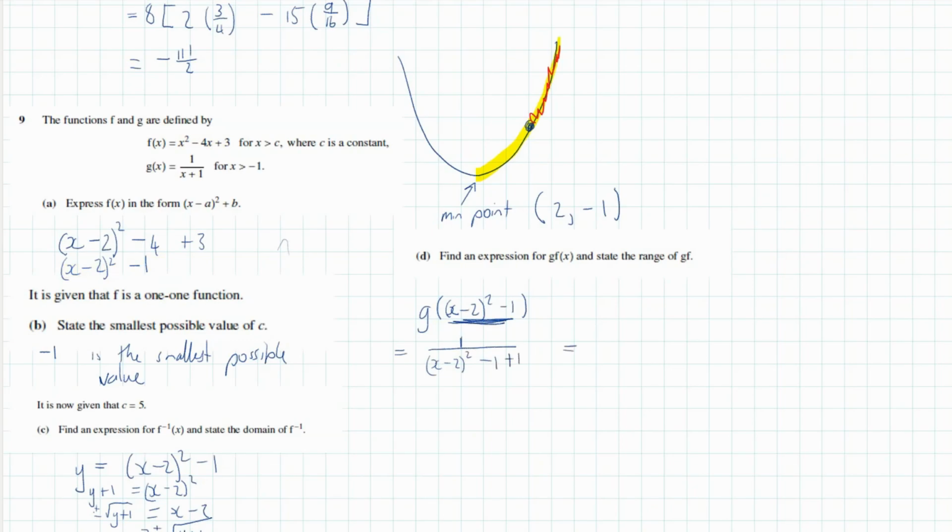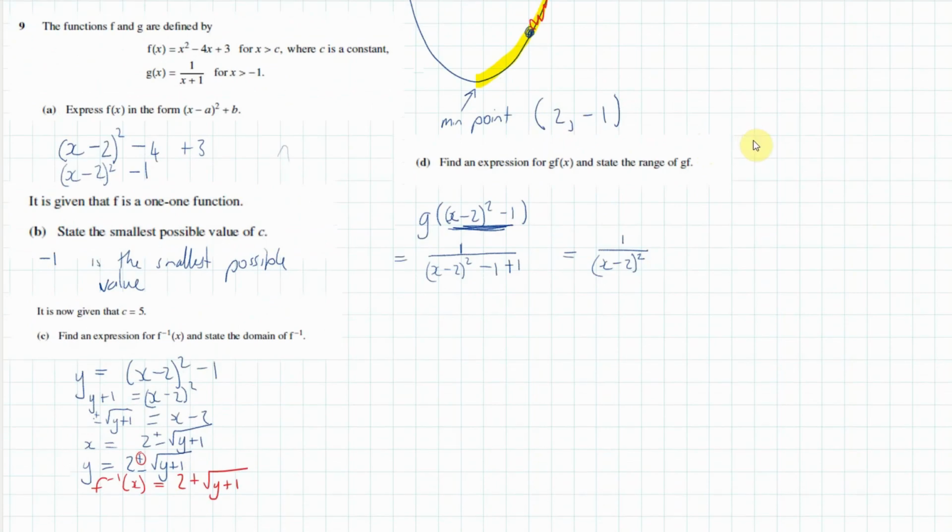If I simplify that, it'll be 1 over (x minus 2) all squared. I could probably leave it at that point, really. I'm happy with how that looks. And now I just have to state the range of this.